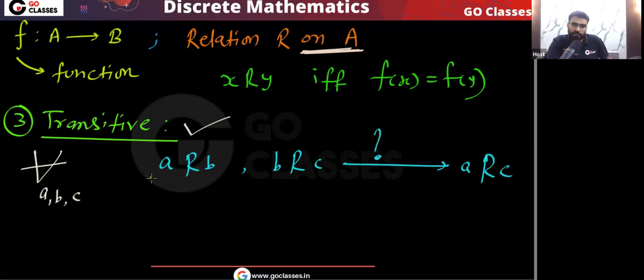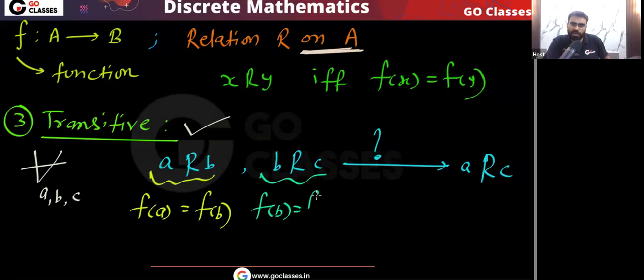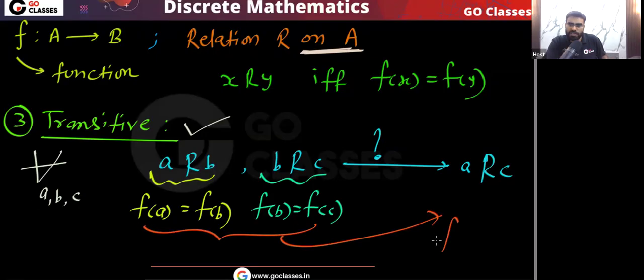Very simple. First, A related to B means they have same image, FA equal to FB. B related to C means FB equal to FC, they have same image. Now from this, can I say FA equal to FC?